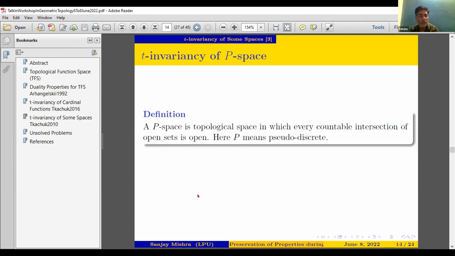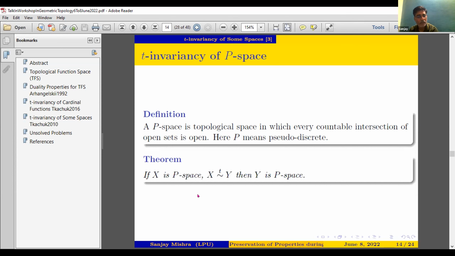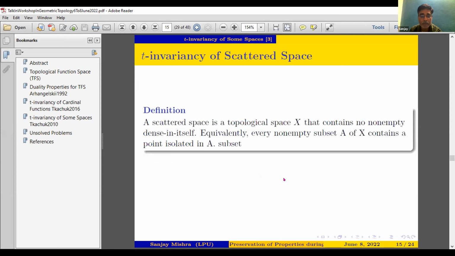What is a P-space? A P-space is a topological space in which every countable intersection of open sets is open, and P here basically means pseudo-discrete space. So if X is a P-space and X is T-equivalent to Y, then Y is also a P-space. Generally, in the case of homeomorphism, it does not hold, but in the case of T-equivalency, we have this result.